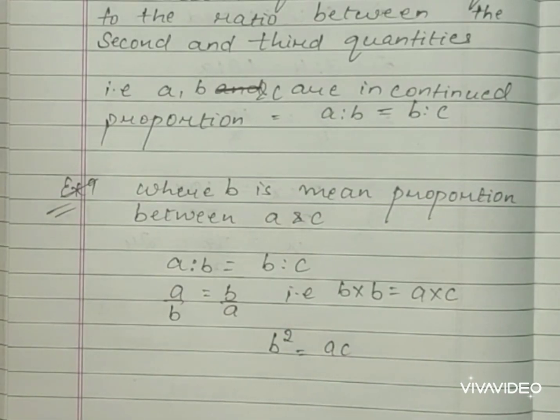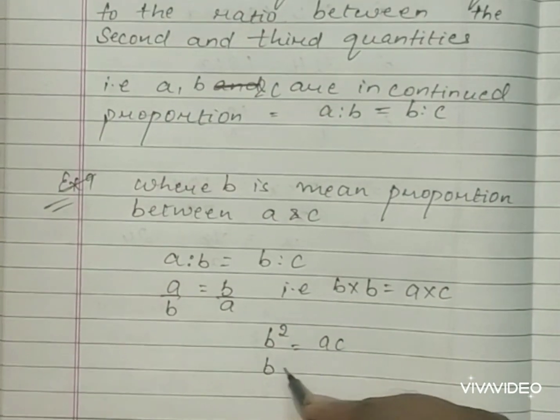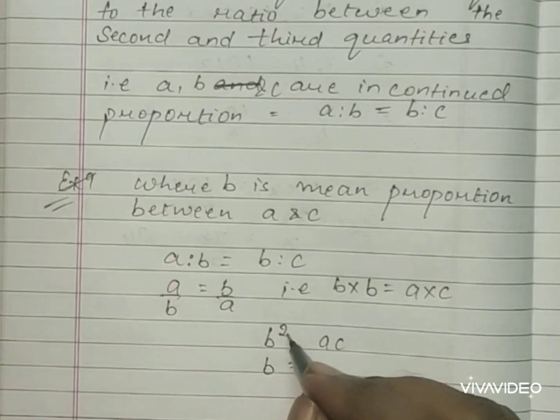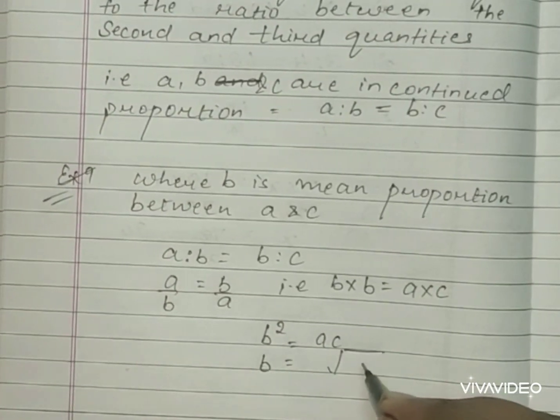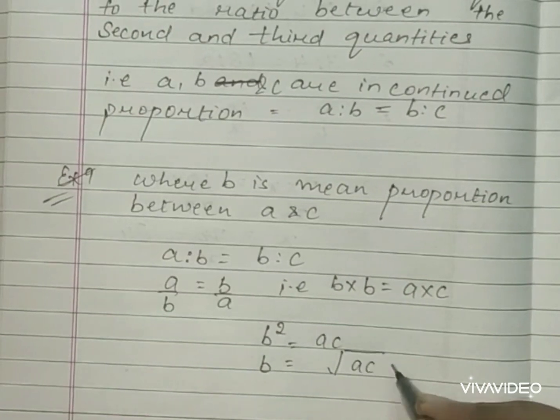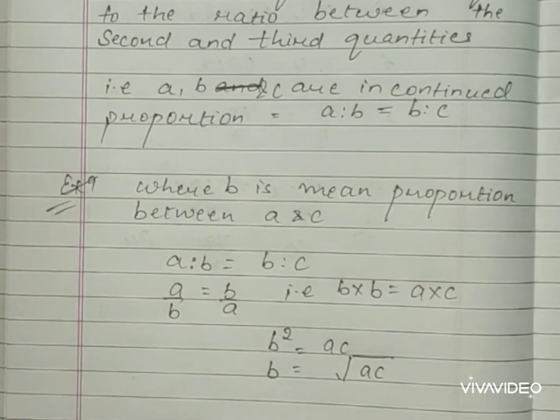I hope you are understanding it. Then B is equals to, when we are removing the square from this, root is coming over here.